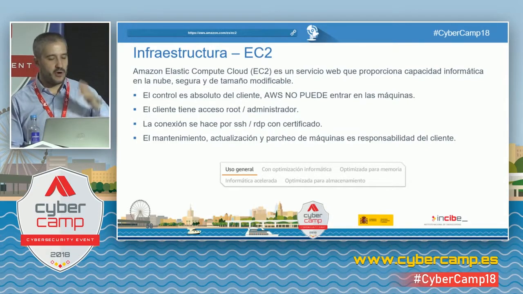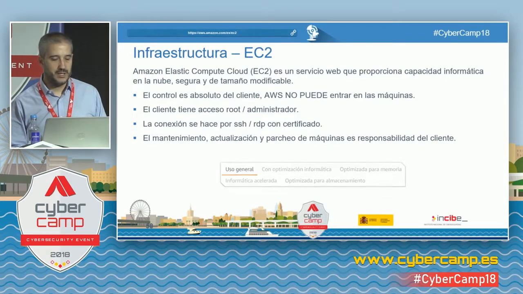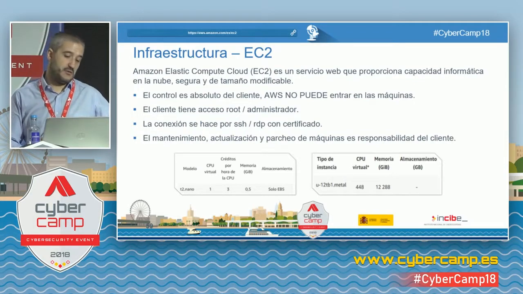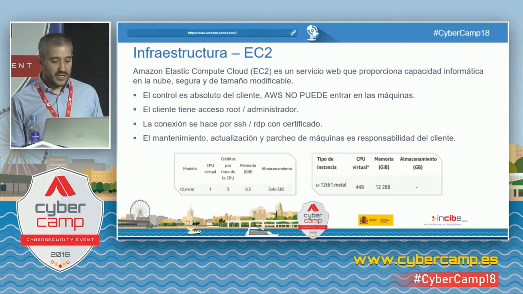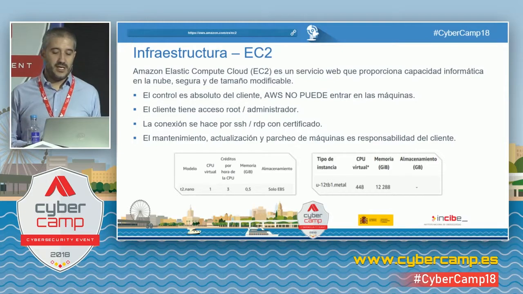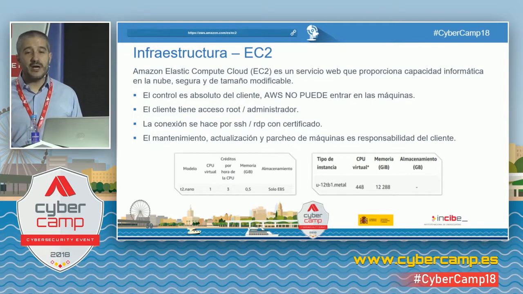And there are so many different machines, general use ones, optimized for CPU, all sorts. Some of them are tiny, for instance, a CPU with 0.5 gigs of memory, to situations with 12 terabytes of RAM memory. So you have to choose from that range what you need, get the price right.